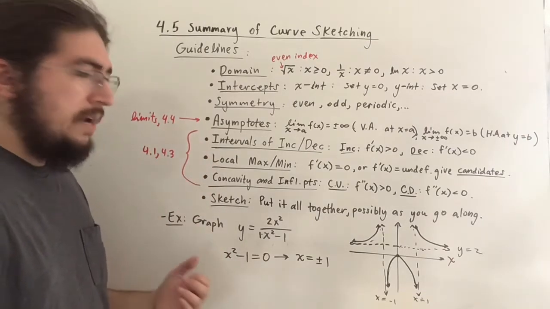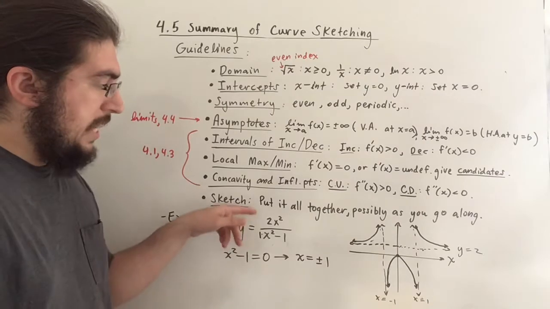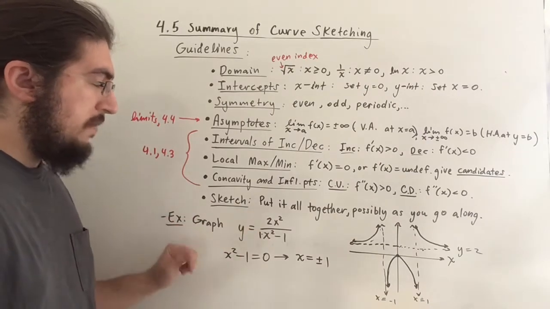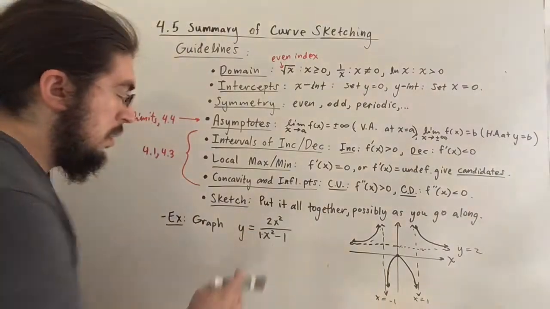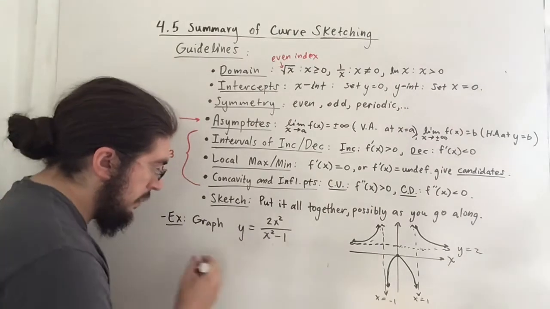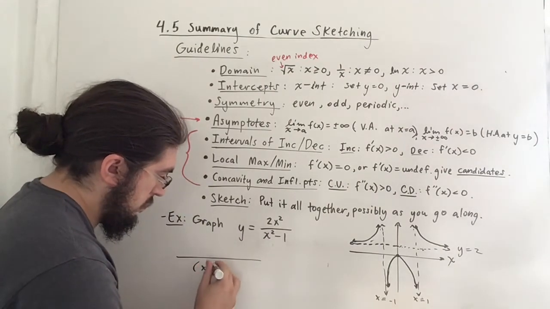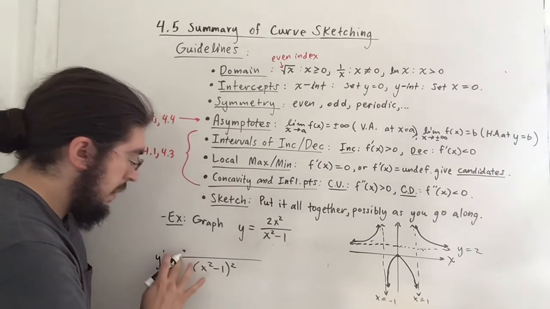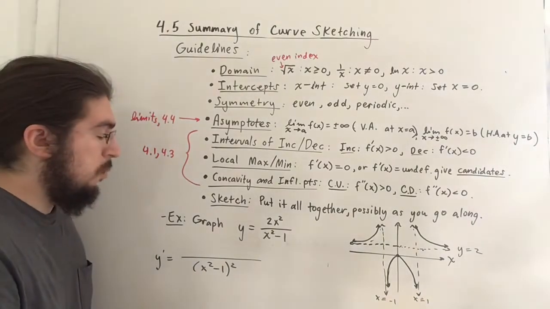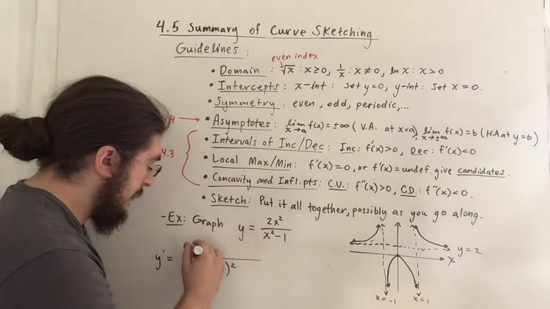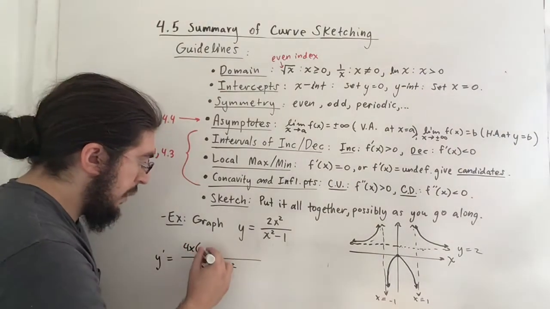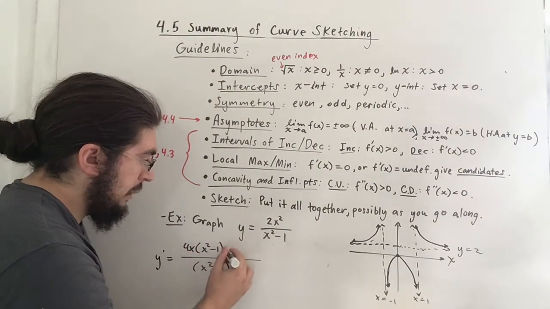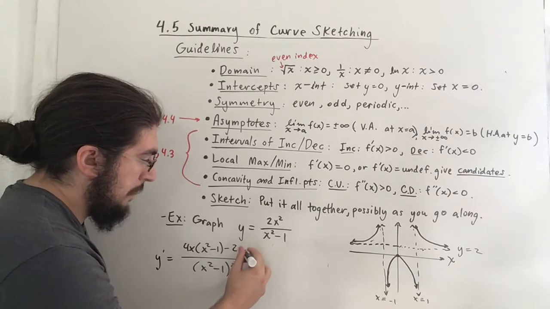And in fact, we can do it real quickly. If you were to take the derivative of this, you'd have to use quotient rule. So that would be all over the bottom squared. So this is y prime. And now for the numerator of quotient rule, it's derivative of the top times regular of the bottom minus regular of the top times derivative of the bottom.